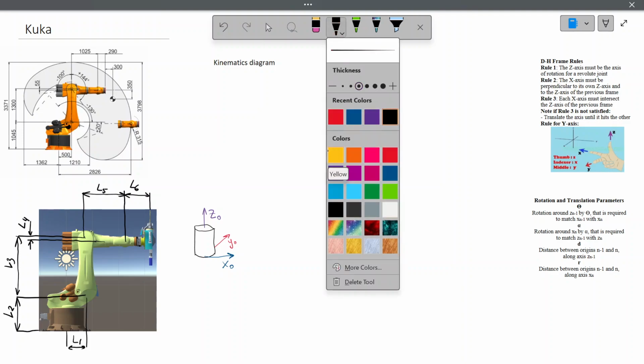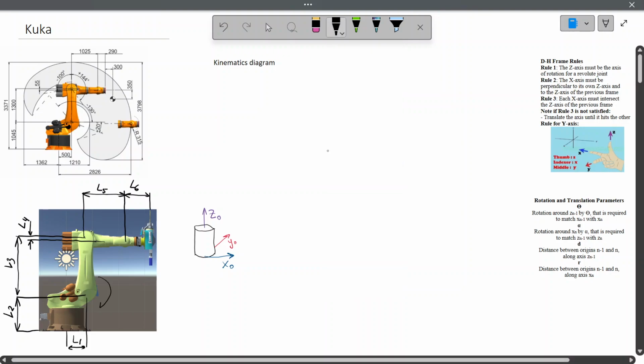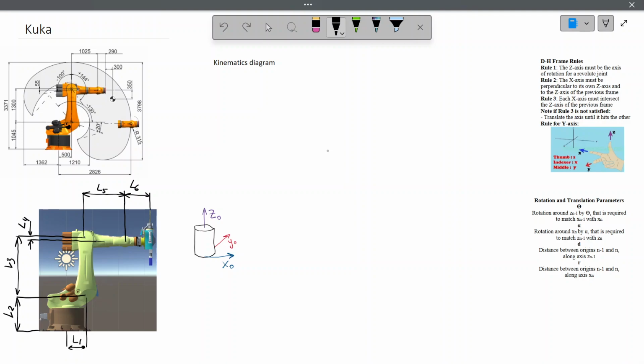This one is the second one, so it's rotated this way. We draw it somewhere here, because here we have the distance L1 and distance L2, so it has an offset. Here, let's draw the second one.